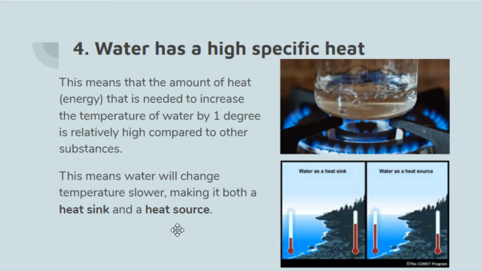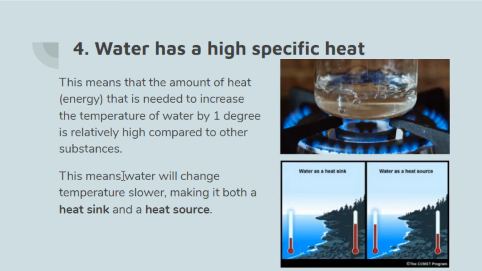So this means water will change temperature slower than most things, which makes it both a heat sink and a heat source. Let's talk about those terms for a second. Heat sink means that, say it gets really hot out, like right now in the summer. If we're by a large body of water, like if we live by the ocean, the land would heat up, and then the ocean wouldn't, and it would actually absorb a lot of the heat from the land.